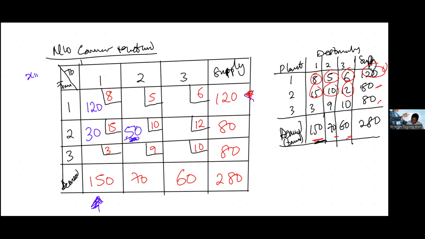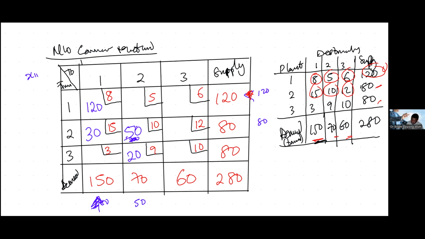So when you allocate 50 here, you see that this is 120, this is 80, satisfied. This now becomes 150, and here is 50. You see you are still short of 20. So we'll now allocate 20 here, because we cannot allocate in the other cell.